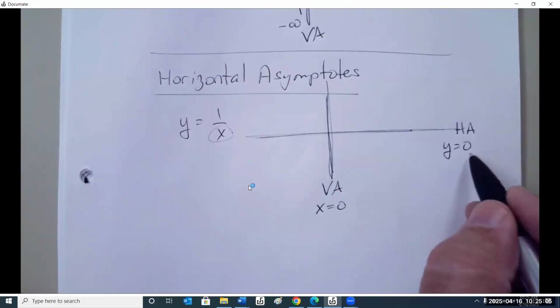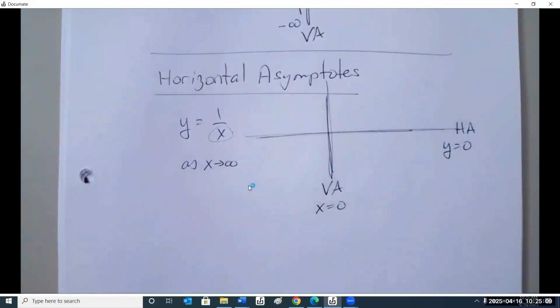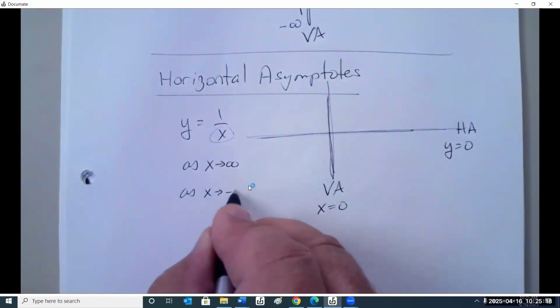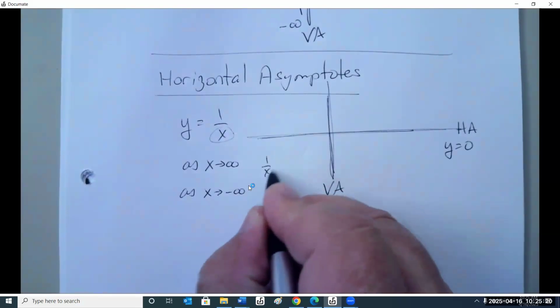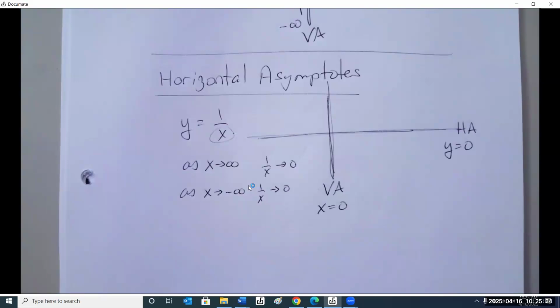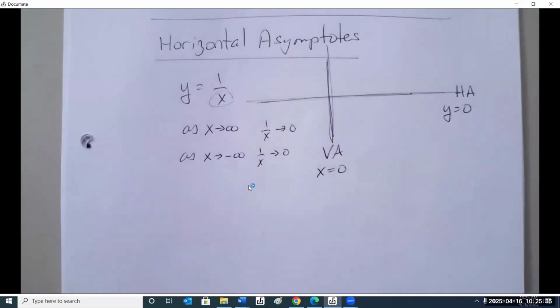So why is it y equals 0? Well, as x goes to infinity, where does 1 over x go? It goes to 0. As x goes to negative infinity, 1 over x goes to 0. So that's basically what horizontal asymptotes mean.